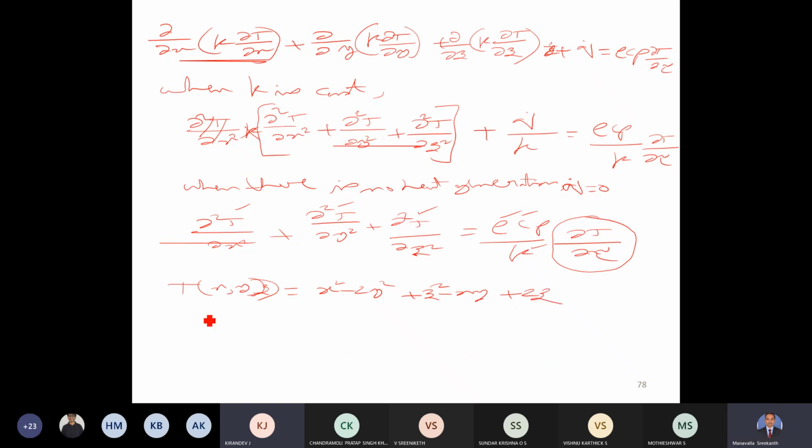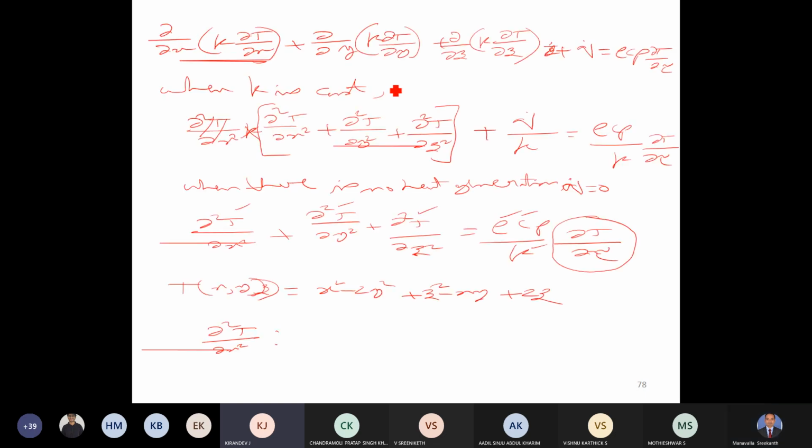Using this equation, we can evaluate one of these terms. For example, ∂²T/∂x² can be evaluated like this. First, differentiate this T with respect to x and then differentiate it again. So differentiating this equation twice will give you that value.